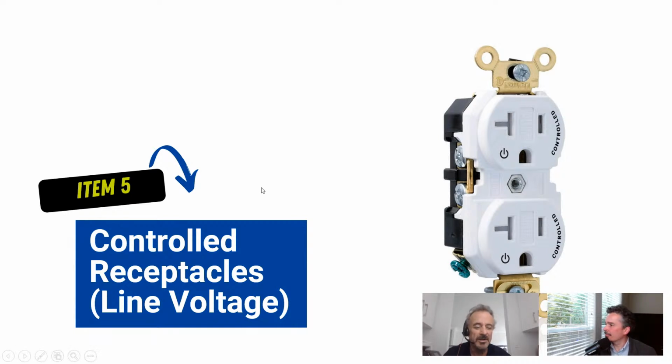And those are basically like occupancy sensors. You know, they sense motion and then they turn off the plug. A lot of these controlled receptacles have one that's always hot and one that's controlled. That's what this little symbol is here. On this little graphic here, both of the plugs on the duplex are controlled.